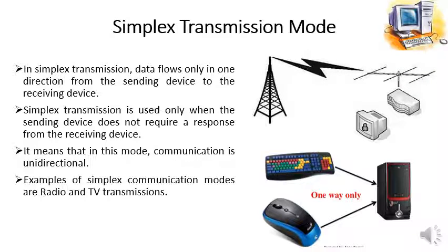So here in this image you can see the radio transmission, in which we just receive the channels, or whatever the transmission is that we receive through our radio or through our television set. So that is also a type of simplex mode of transmission, where one side acts only as a receiver and the other only acts as a sender. So such type of communication is called simplex or unidirectional communication.